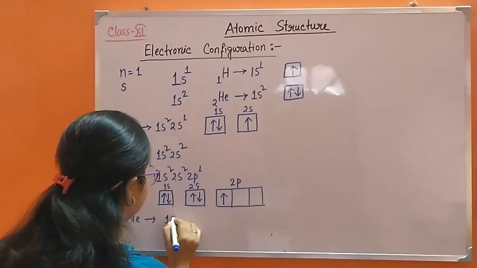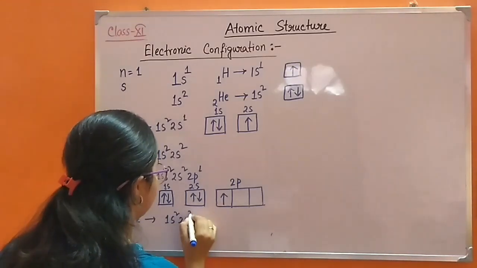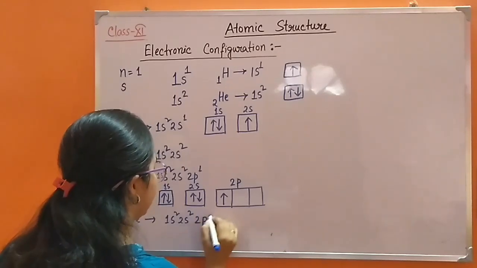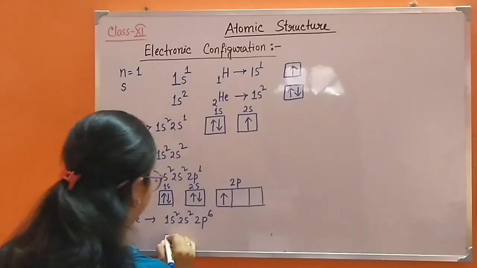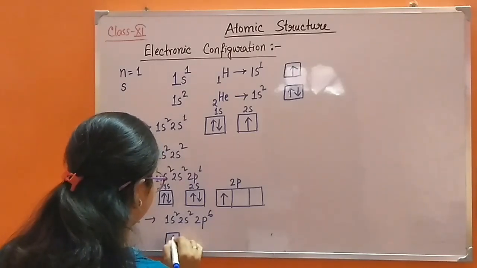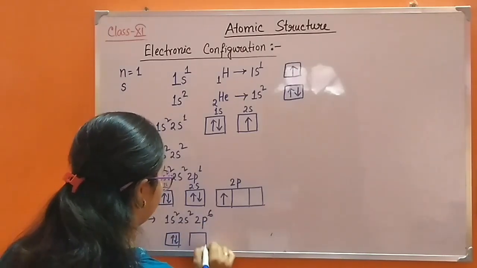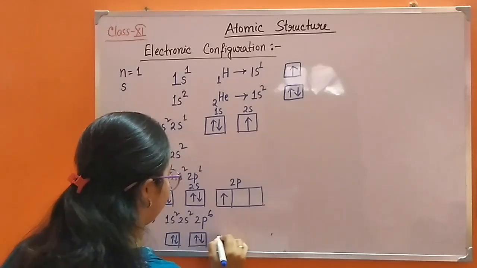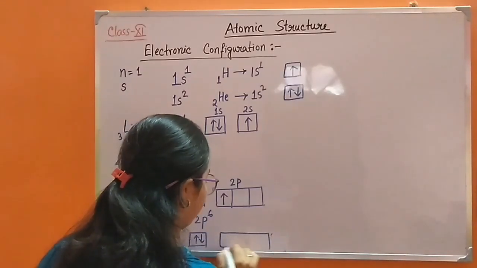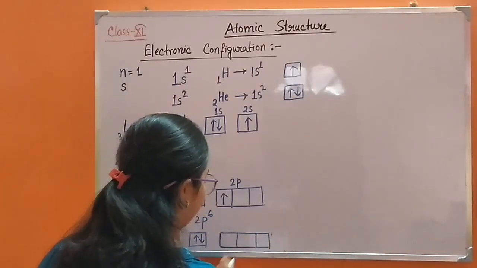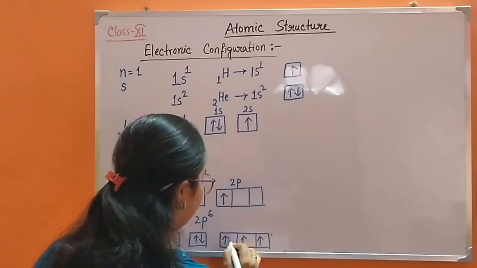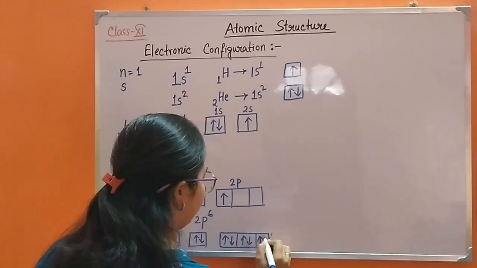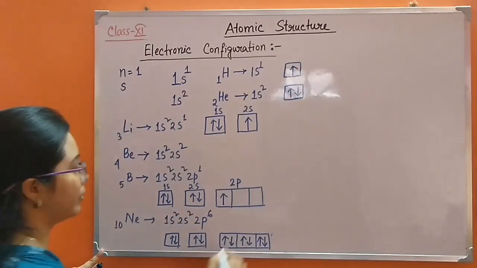Electronic configuration is 1s2, 2s2, 2p6, total 10 electrons. In 1s, 2 electrons, 2s, 2 electrons, and 2p, total 6 electrons. 1, 2, 3, 4, 5, 6. This is 2p.